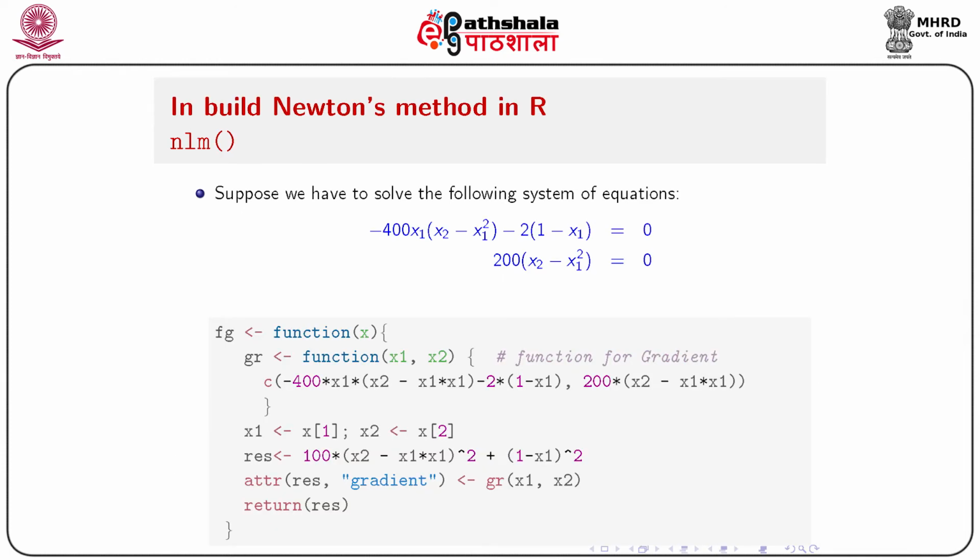In nlm, suppose we have to solve the following system of equations: minus 400 x1 times (x2 minus x1 squared) minus 2 times (1 minus x1) equals 0, and 200 times (x2 minus x1 squared) equals 0. So fg equals function of x. First we define that function.